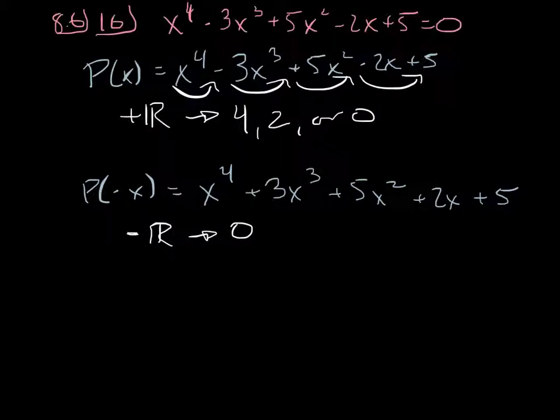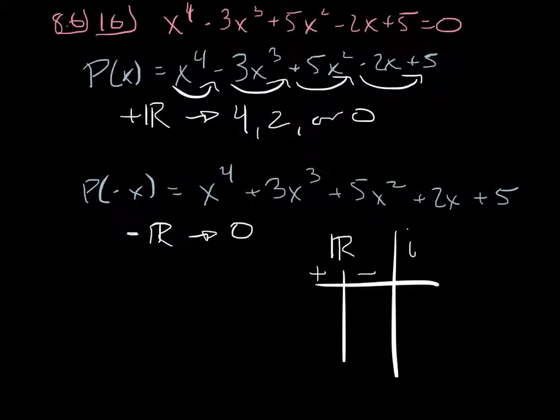So let's make our table. We have real answers and imaginary answers, and in particular, we have positive or negative real versus imaginary. Our life's easy, fewer combinations. I can have 4 and 0, 2 and 0, 0 and 0. Let's list those out.